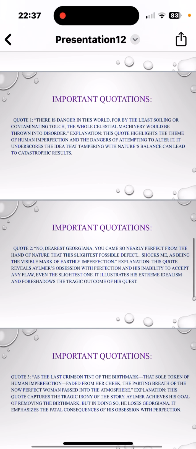Another quote that I got: "No doubt, Georgiana, you came so nearly perfect from the hand of nature that this slightest possible defect shocks me as being the visible mark of earthly imperfection." The explanation of this could be that it reveals Aylmer's obsession with perfection and inability to accept flaws.